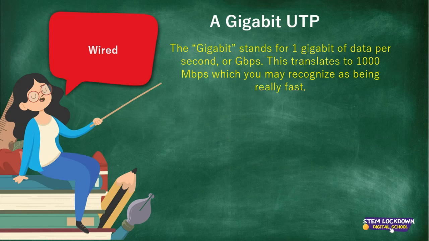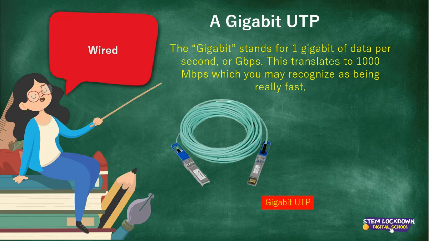Cables have a similar effect. So the type of cable you use also enables you to exchange information in a network quite conveniently, right? So the Gigabit UTP looks something like that, right?